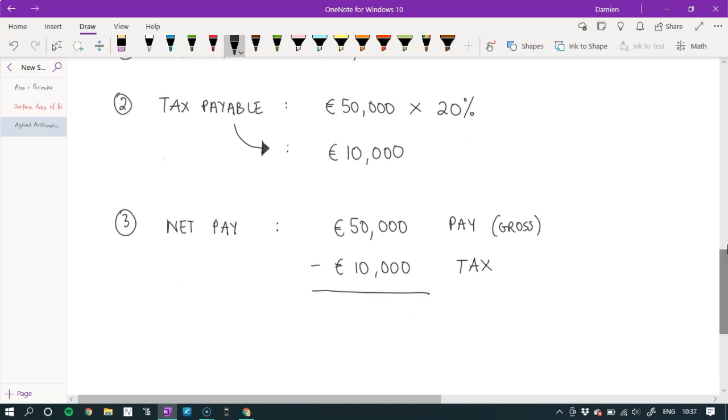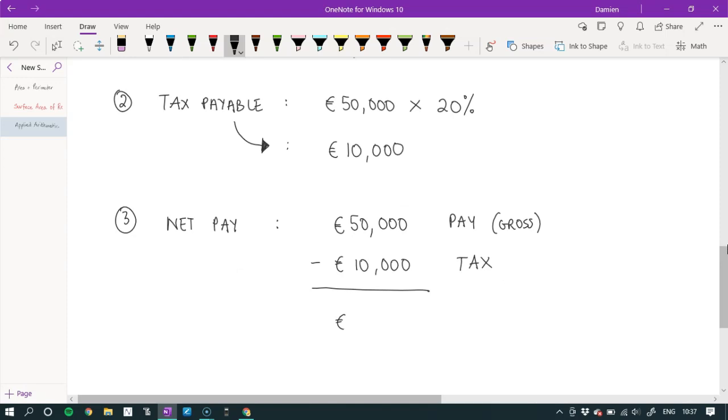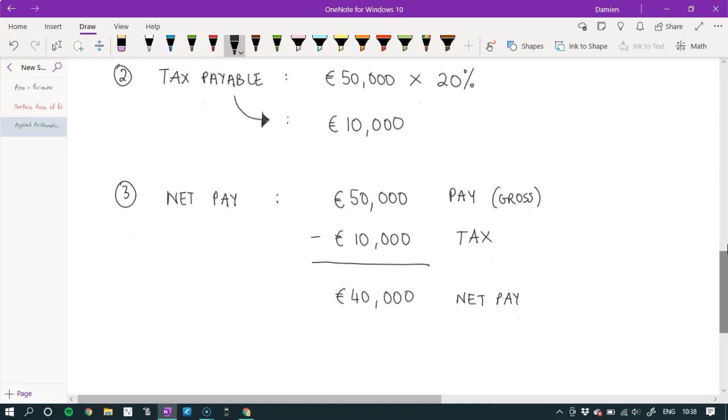The government are taking this off you. So what are you left with? You're left with 40 grand, 40,000. What you're left with in your pocket, in your bank account, is what's called your net pay. And it's as simple as that. That's the most basic example. You have your gross, you have your tax, you have your net. And that's that. Let's take another example.